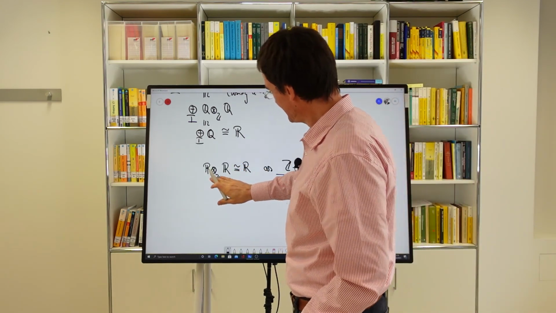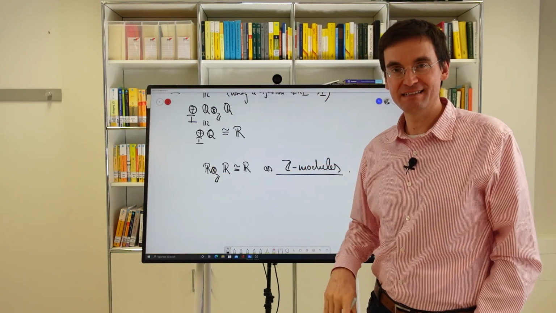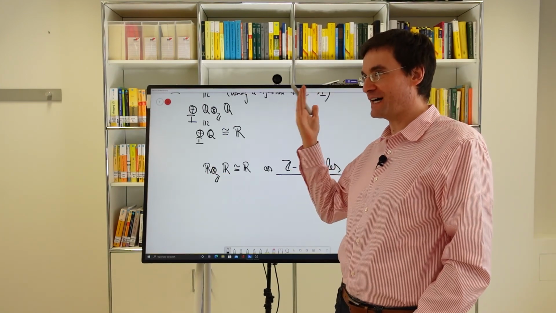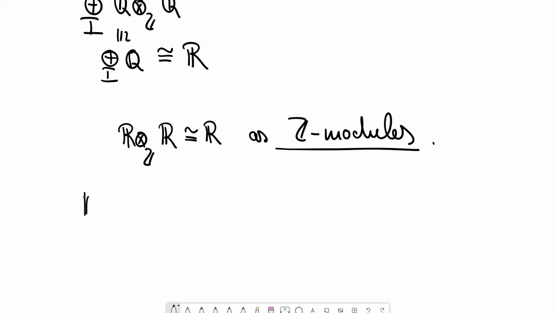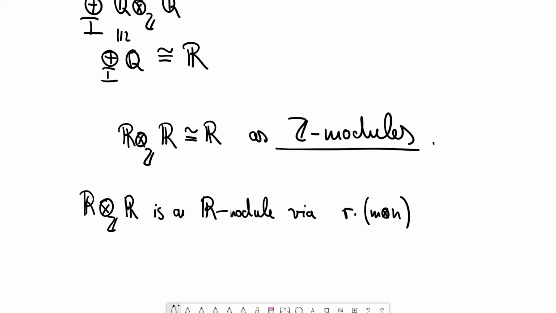But if you look at this abelian group on the left, it also has the structure of an R module. Let me write it down on elementary tensors. So this is an R module via this scalar multiplication.